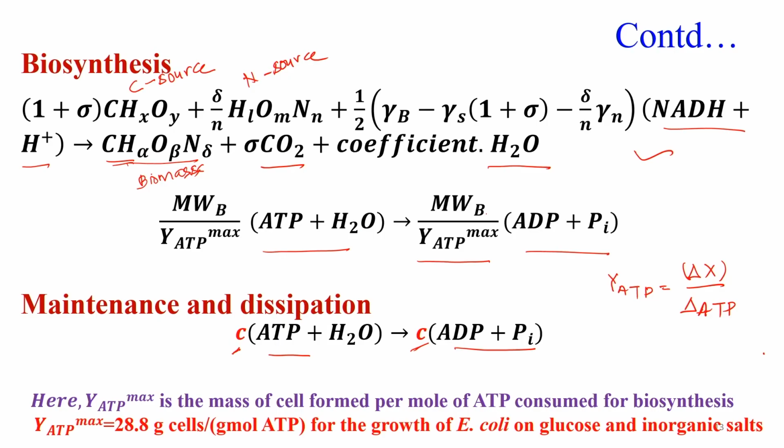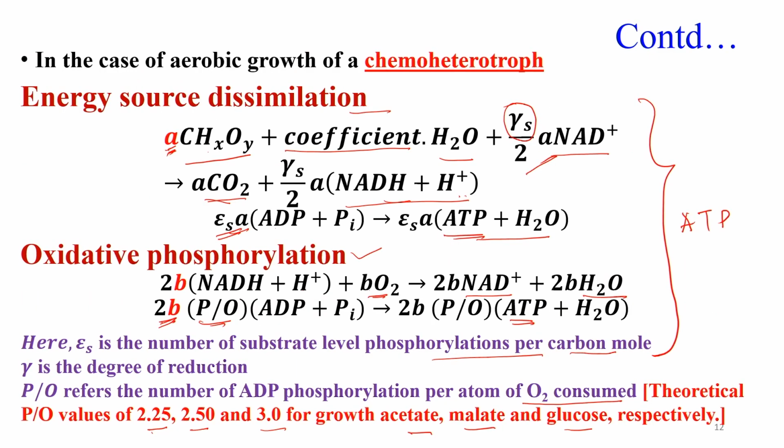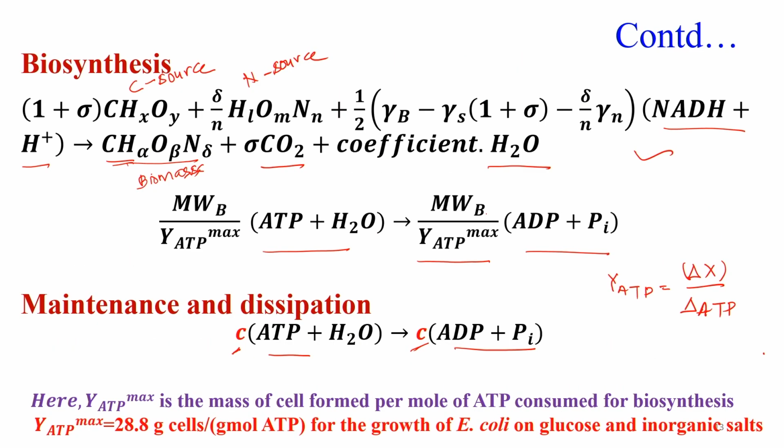So, we discussed these 4 steps. First is energy source dissimilation, second is oxidative phosphorylation, third is biosynthesis, and fourth is maintenance and dissipation. The first 2 steps produce ATP, and the last 2 require ATP molecules.